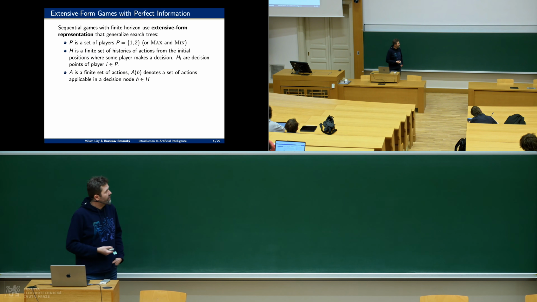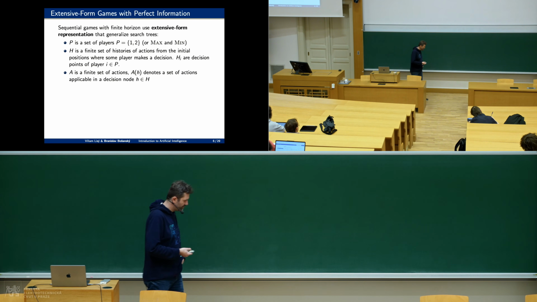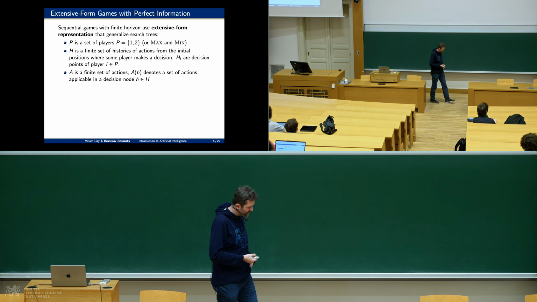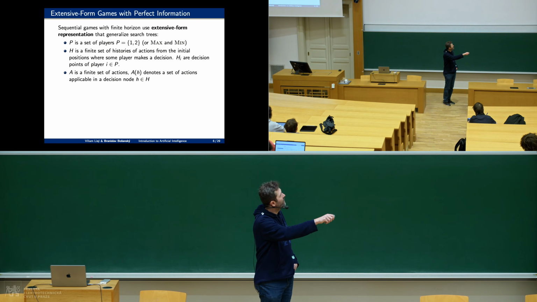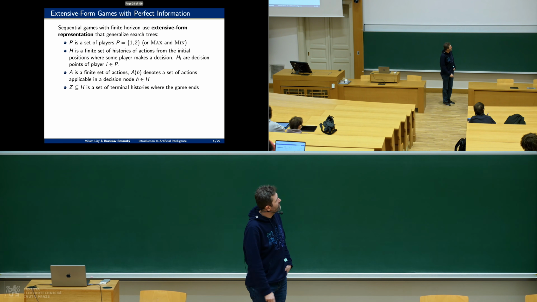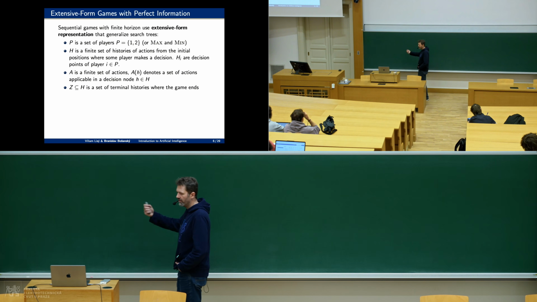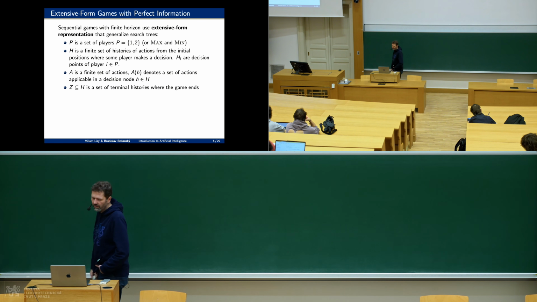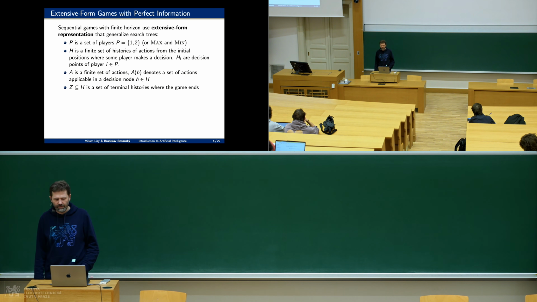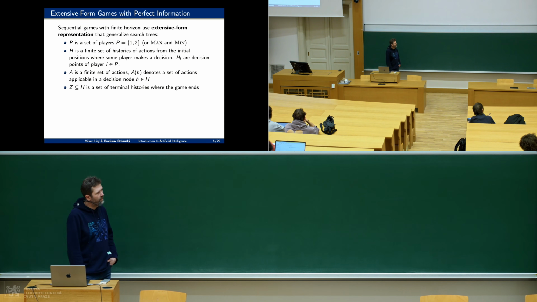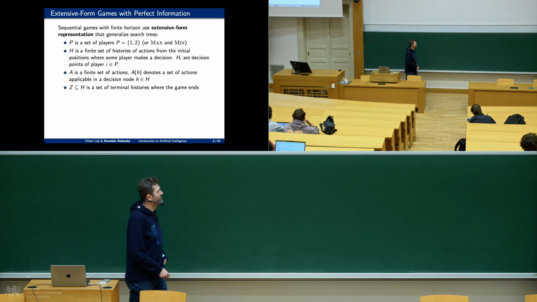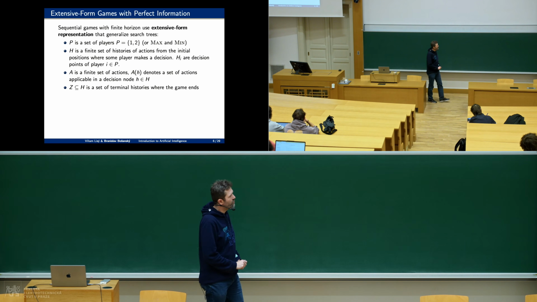Actions: for each state where there is some legal move, we have a set of available actions that can lead us to another decision point, another history, or we can reach the terminal state of the game where the game ends, and these are basically the leaves of the game tree.